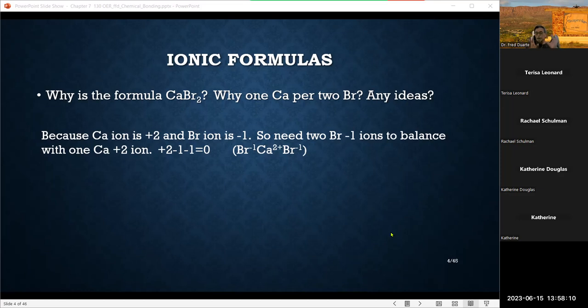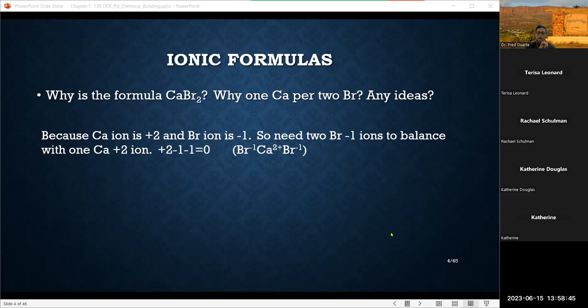We're going to work mostly with group 1 and 2 metals and the non-metals. We will get into the transition metals, like gold, at a later date. The goal is to put enough cations with whatever charge they have together with enough anions so that they cancel each other out, and that gives me the formula for that compound.